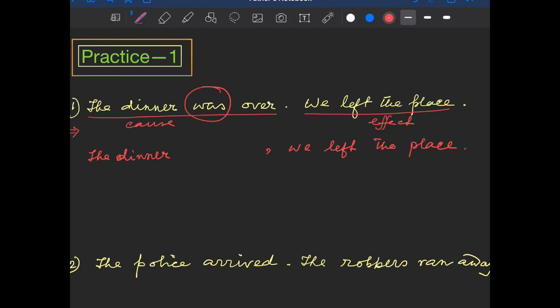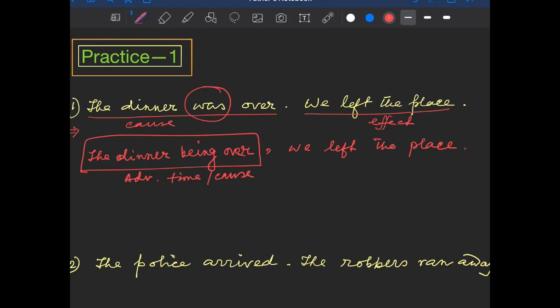It is be verb, so being, the dinner being over. This part is made absolute. The dinner being over, we left the place. Here it is cause or adverb of time or cause.